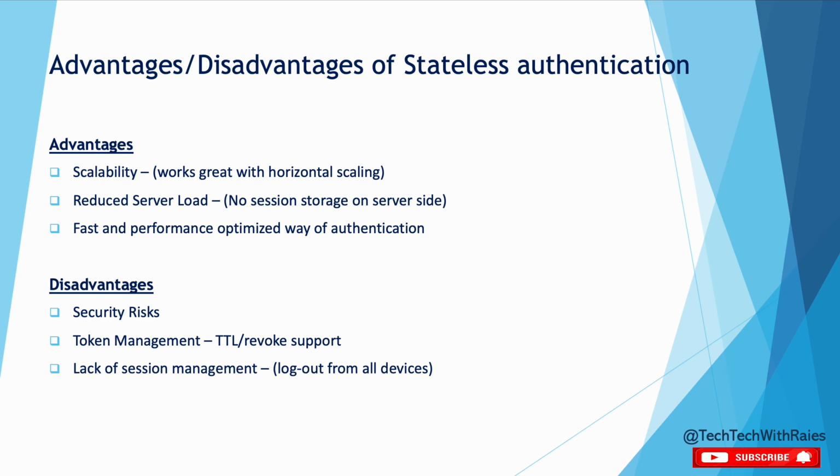Here are advantages like scalability. It works great with horizontal scaling. The server side load is also reduced. It is a very fast and performance optimized way of authentication. There are some disadvantages like security risk, because we are storing the token at the client side rather than at the server side, and it can be hacked from the client side.